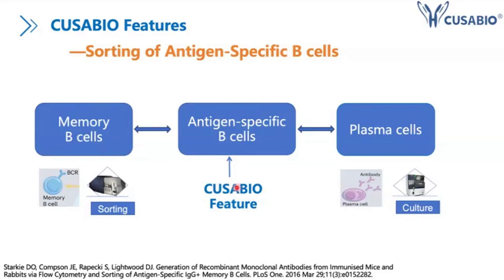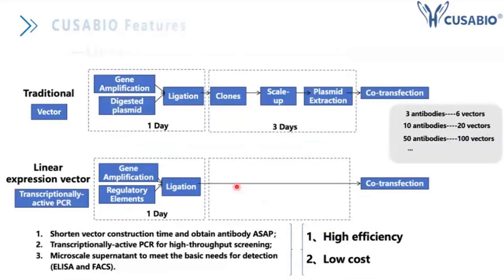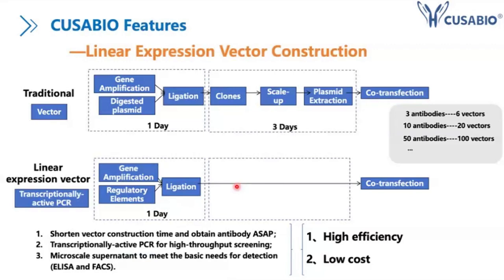The second feature of our CUSABIO platform is a method called linear expression vector construction. This is a comparison between our strategy and the traditional vector construction. After the gene expression and the plasmid digestion, you usually get them together, right? In the traditional way, you do the cloning, then you scale up, extract the plasmid again, and then do the co-transfection.